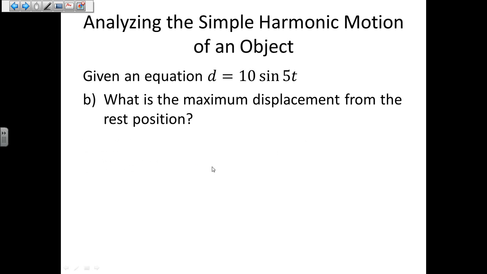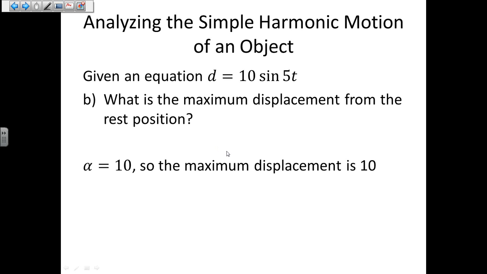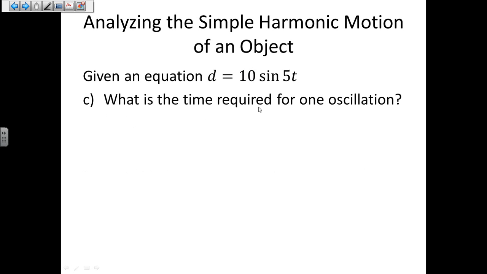What's the maximum displacement? Well, that's pretty easily read. I don't even really need to do any math to see this. It's our alpha. If this is negative, drop the negative, because they're basically asking what's the amplitude. So it's just the number in front. If you don't see a number in front, it's 1. What's the time required for one oscillation?